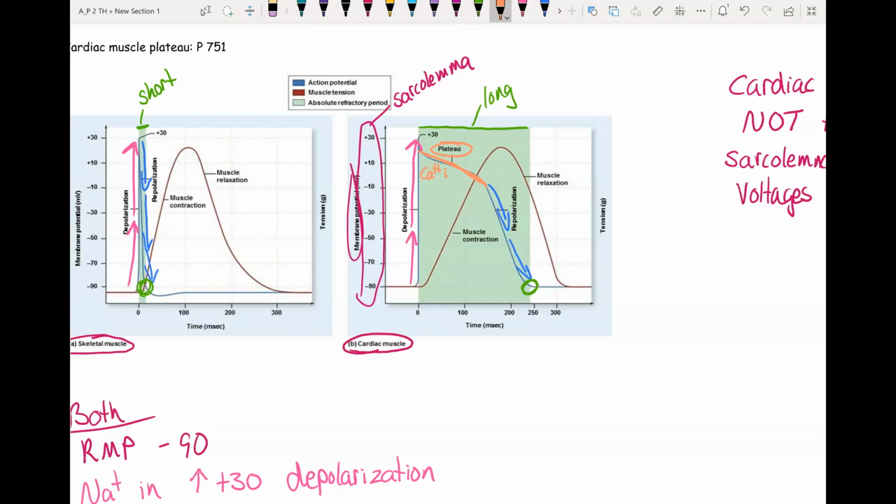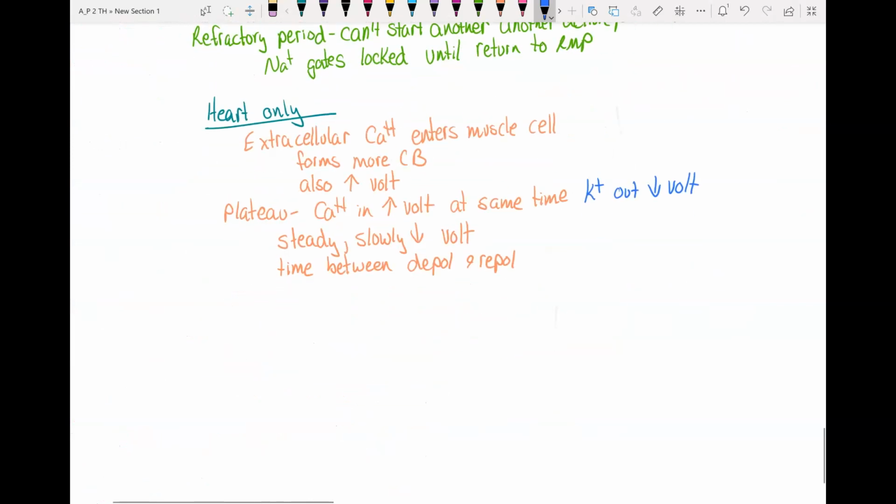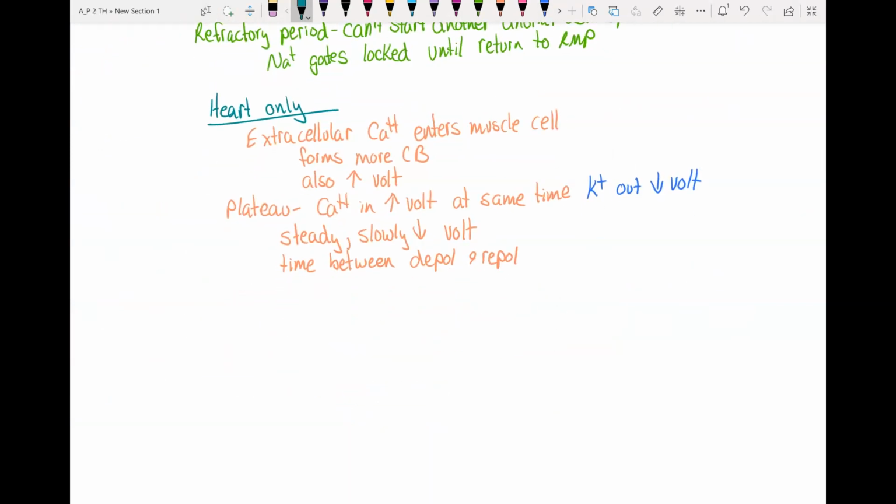So here we have calcium in, we have potassium out at the same time, so they cancel each other out. And you get this plateau. You don't immediately drop back down to -90. Then when you get to the repolarization, the calcium gates close and you just have potassium going out. And then you drop back down to your -90 and refractory is over. So the heart has a long refractory.